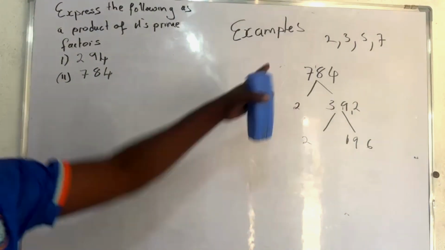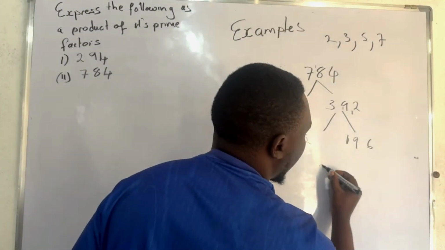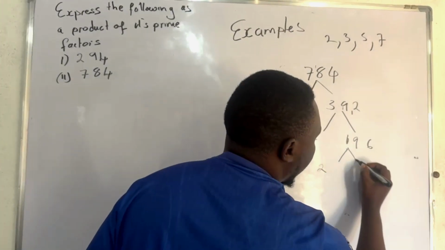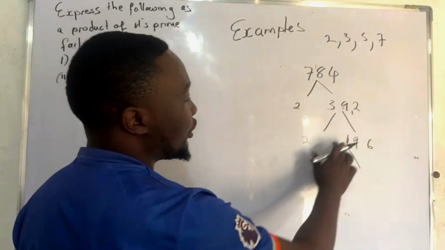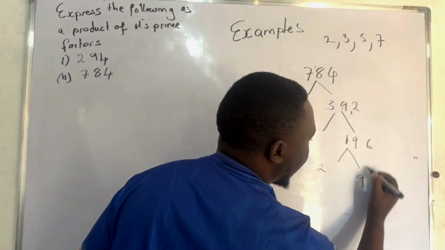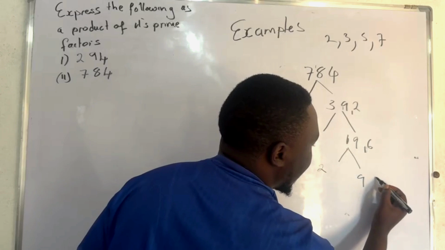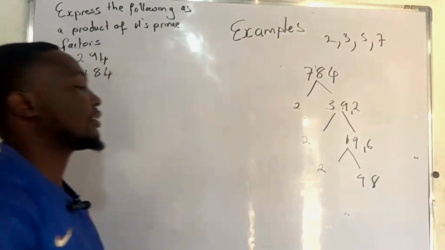So again, we take 2. 2 into 196, you get 98.